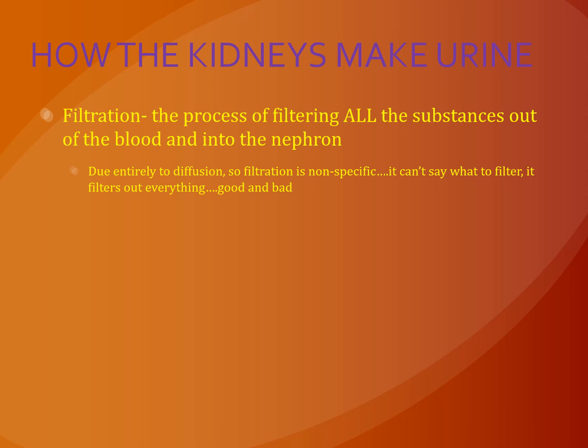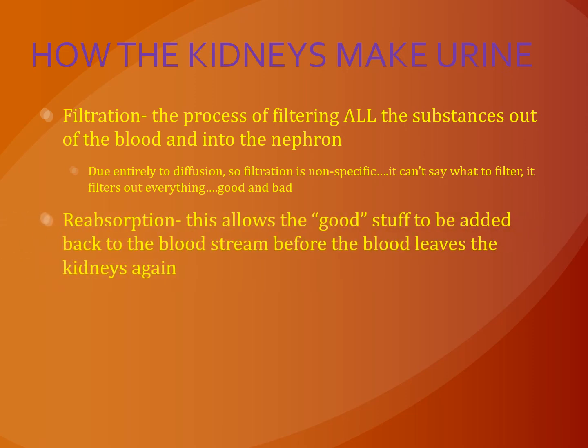And so from the peristalsing, it's going to kind of create a suction, just like sucking things up a tube, like a straw. So that's going to help also pull nutrients that are diffusing out of the glomerulus into this vacuum, into this tube. So filtration is non-specific. It can't say what to filter. It's just going to filter everything out. And this is going to happen between the glomerulus and the Bowman's capsule.